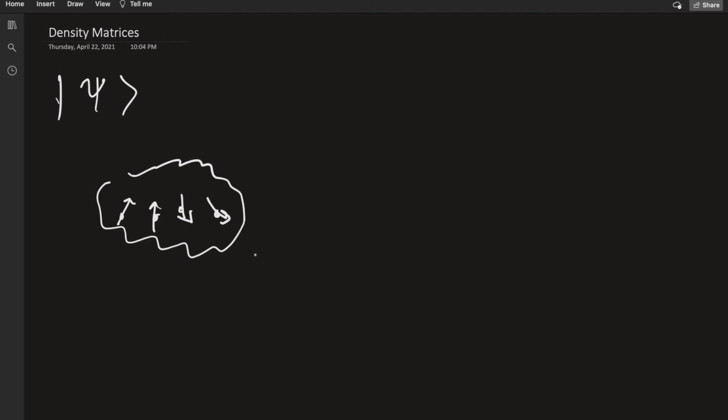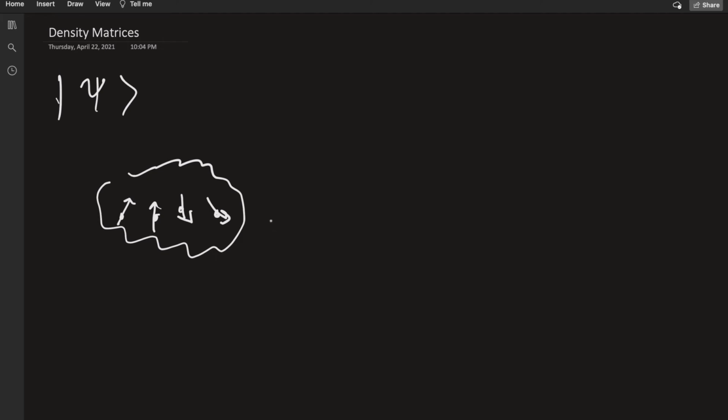Rather, it's a probability density. It might be a little bit abstract, but the probability density is basically the density of the probability of finding a specific state. What is the density of that probability?